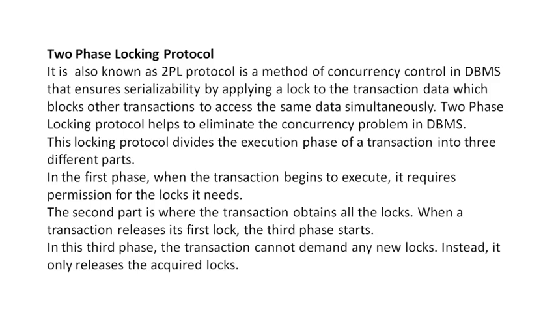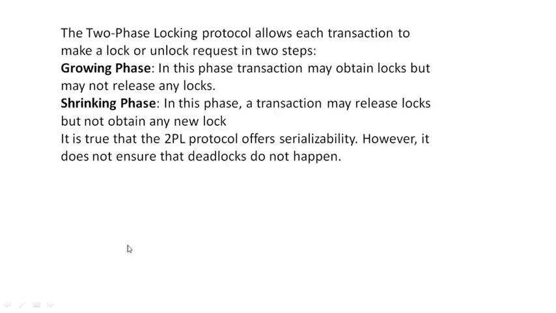It has to store them. And only after a transaction releases its first lock will the third phase start. So the transaction cannot demand any new locks in this phase, and instead it can release the locks which were acquired previously. Okay.